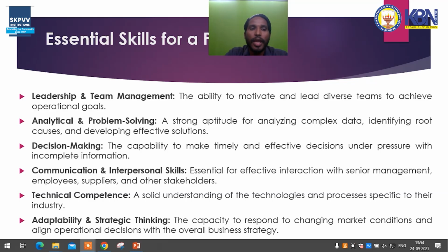And technical competence: a solid understanding of the technologies and processes specific to their industry, and the technologies that are useful for our production centers. And adaptability and strategic thinking: the capacity to respond to changing market conditions and align operational decisions with the overall business strategy.